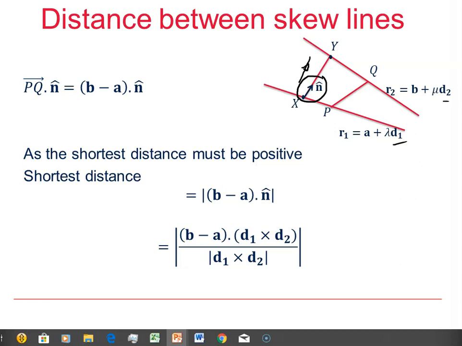Once we've done that, a known line joining r1 and r2 projected onto that vector n hat gives us the length that we require. So it's the method which is important, and in A-level questions you will be led usually stage by stage through this method, as in the example which follows.